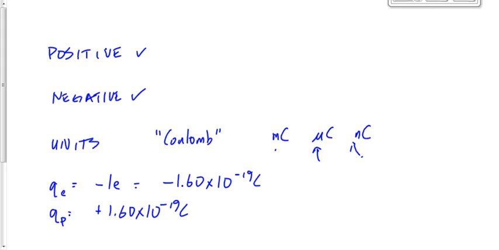Two more terms. Conductor versus insulator in the context of electricity. What's the difference between those? If you can't think of what the difference is, try to think of an example of a conductor and an example of an insulator. No one? An example of a conductor would be metal.